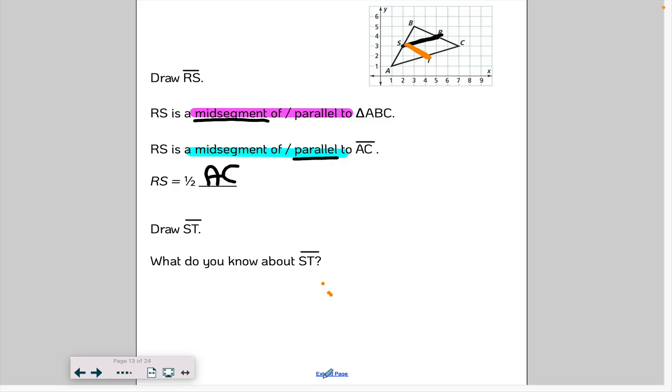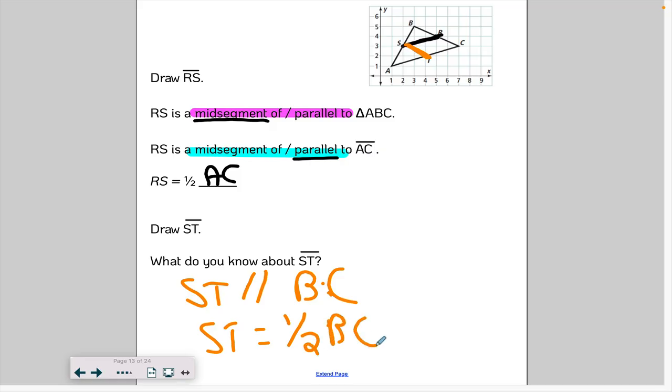Okay, assuming that it already is, we're going to say ST is parallel to, did you say BC? Okay, BC, which is good. And then Casey, what else is true about it? Okay. Questions like this are great because I'm not making you prove it's a mid-segment.